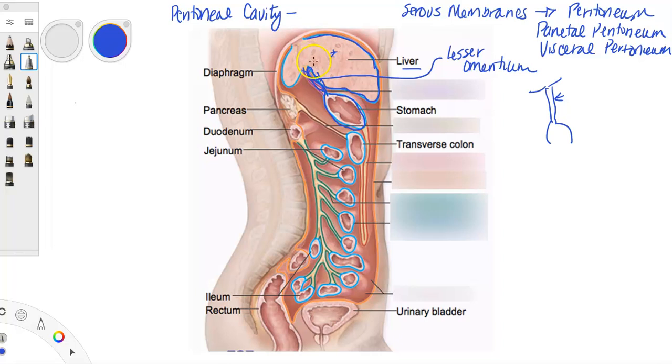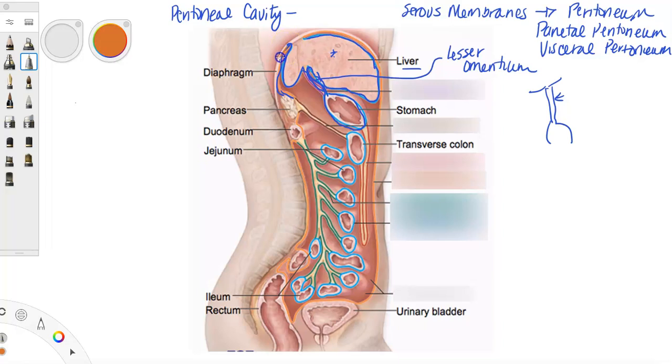Okay? All right, so then you come up here, and here's visceral peritoneum. We're back on the liver. Then it comes around, and then it becomes the parietal peritoneum. So now this orange part, I guess I could make this orange, I suppose.